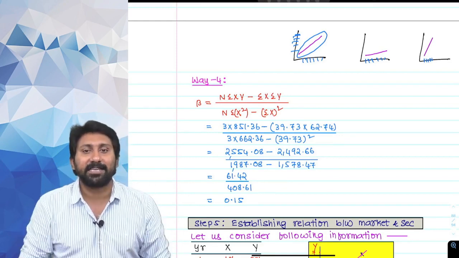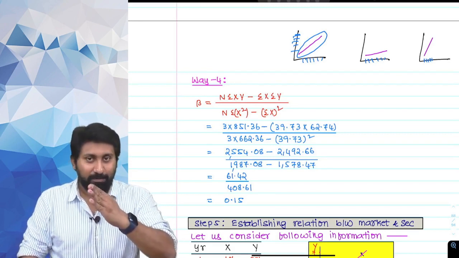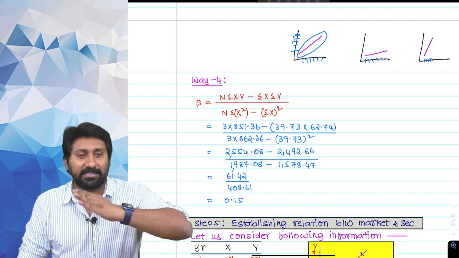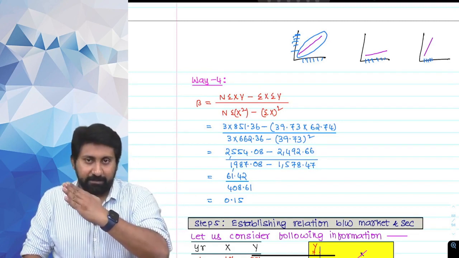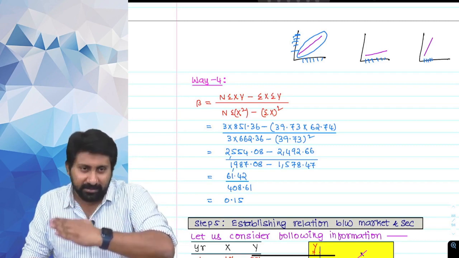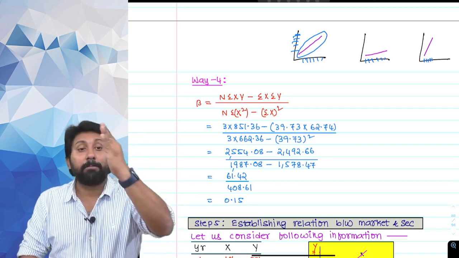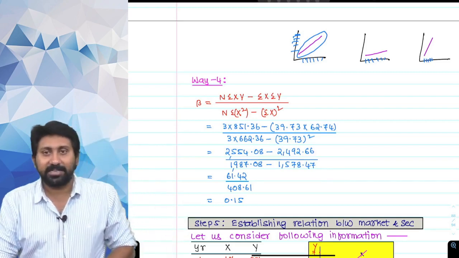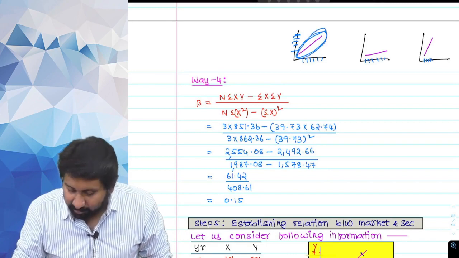But what is changing here? Slope. One has this slope, another has a steeper slope. The first one has a moderately steep slope, the second one is blunt, the third one is highly steep. The slope is changing. If the slope is like this, what does it mean?